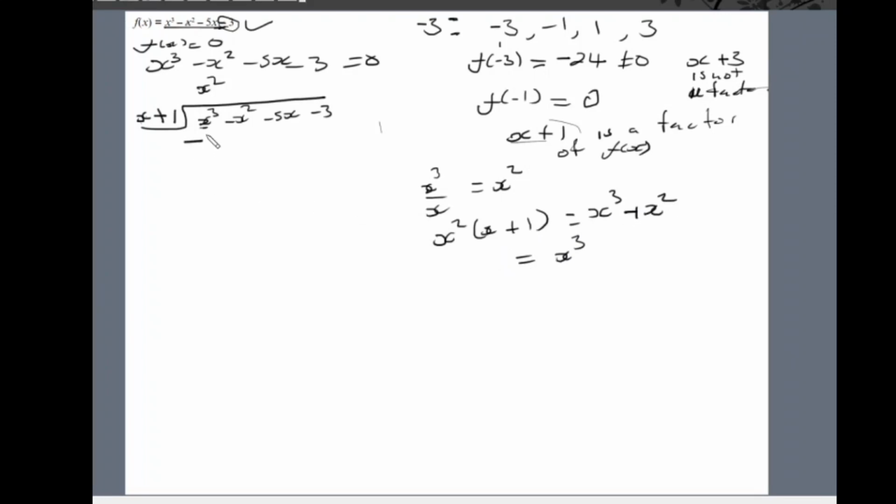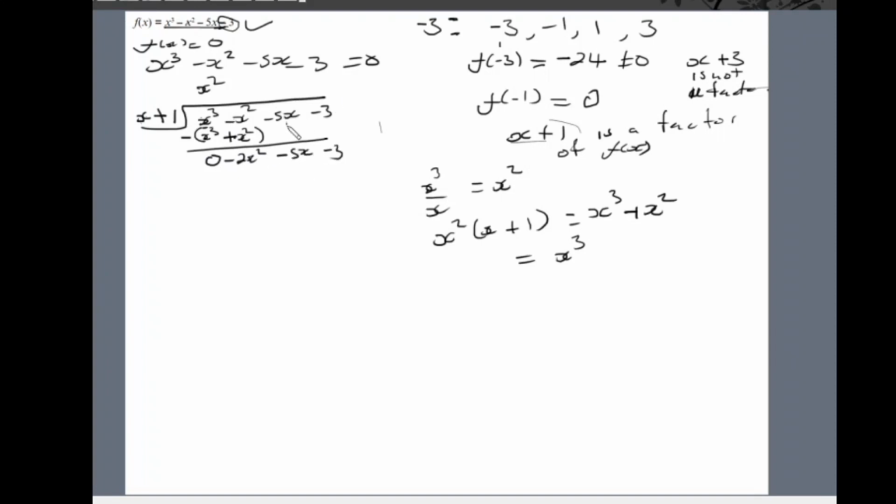And then I will take that from these values. I'll take that out. Here I'll have minus x cubed minus x squared. And then x cubed minus x cubed will give me 0, and then minus x squared minus x squared will give me minus 2x squared, and then I will bring this minus 5x and minus 3 down.